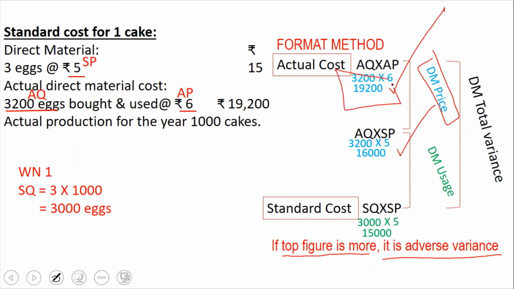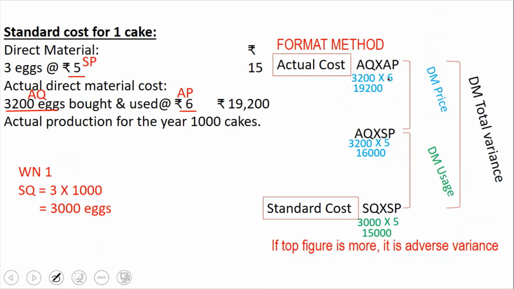And since the top figure is more, it's an adverse variance. So we get 3,200 adverse. Now coming to the direct material usage variance, it is 16,000 minus 15,000. And since the top figure is more, we have an adverse variance. So the final answer is 1,000 adverse.